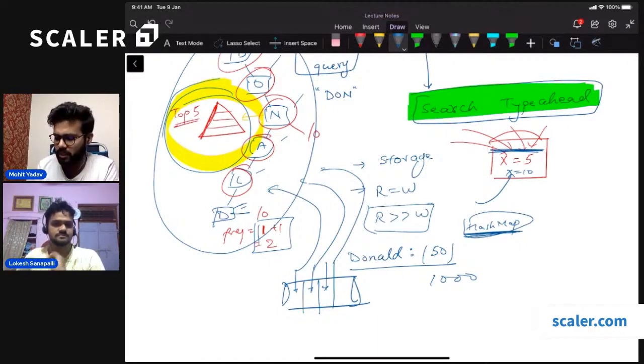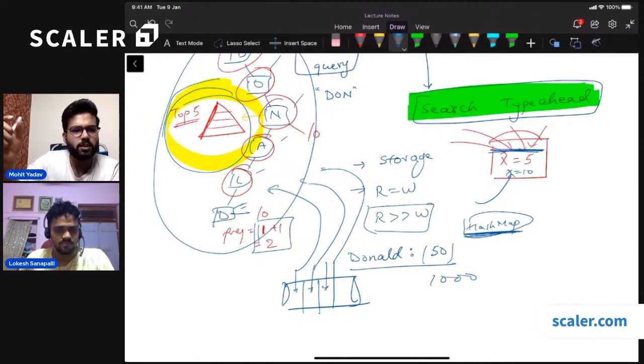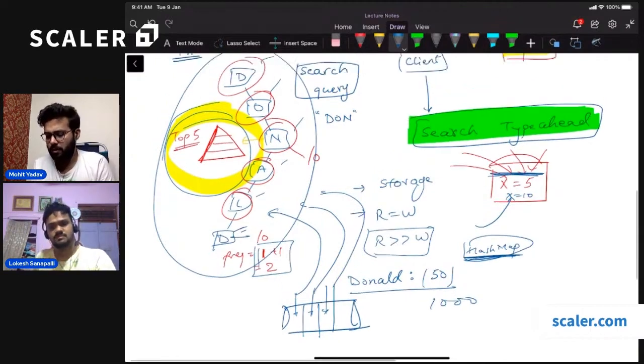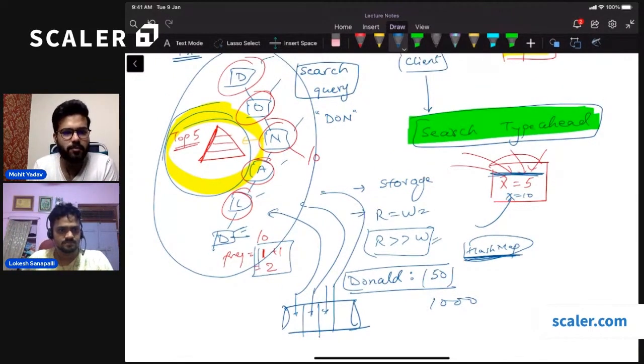So just keep updating the frequency in a hash map, and once you reach, let's say, 1,000 for that particular keyword, for Donald you'll iterate through the trie and update the frequencies, adding 1,000 to whatever it was earlier. Cool, so one problem is solved about the write part.